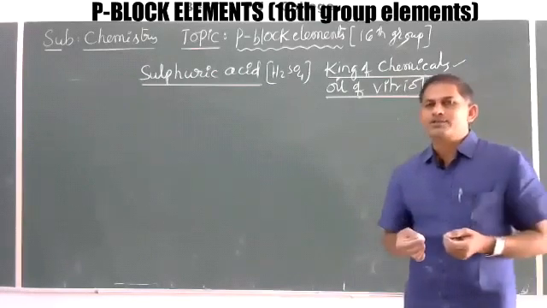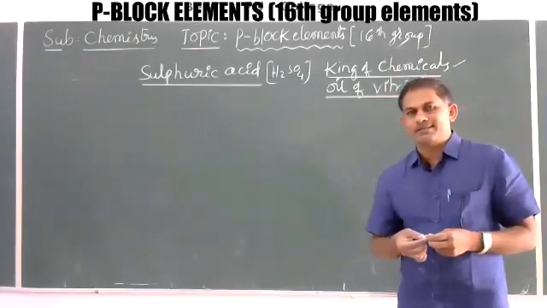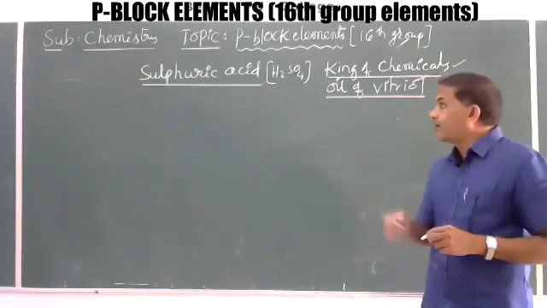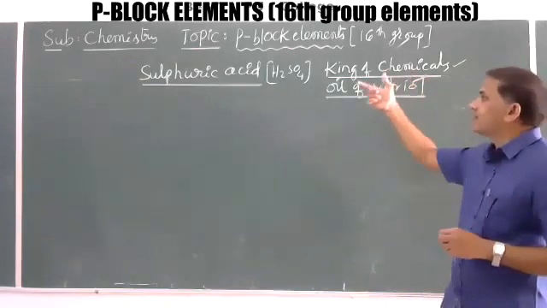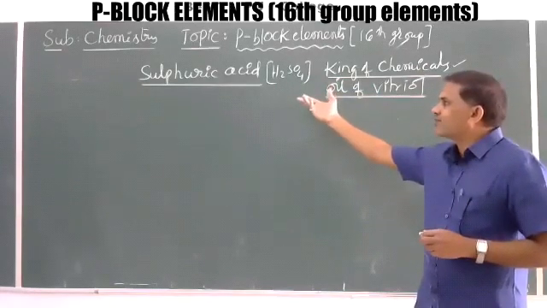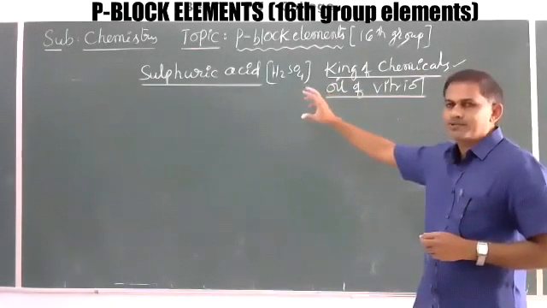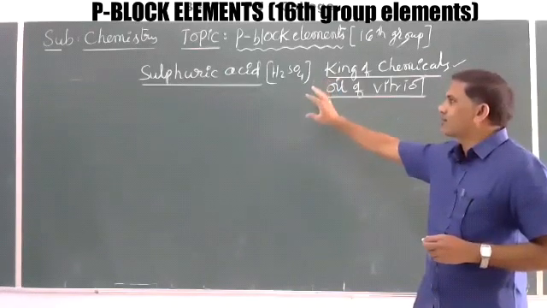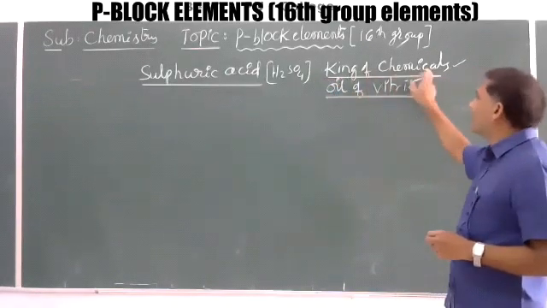Wide variety of applications are there for sulfuric acid. Due to its wide uses, either in the chemical industry or in any other chemical process, industrially or in the laboratory, it is called the king of chemicals.